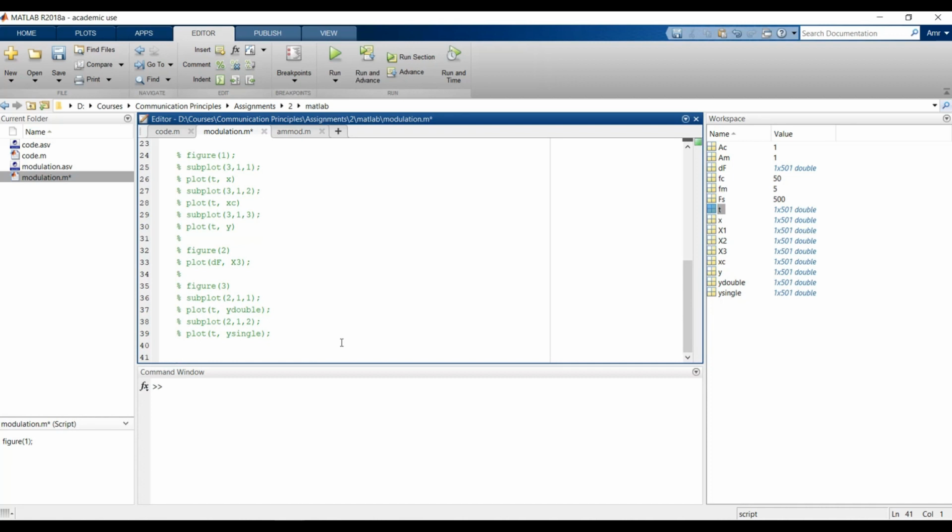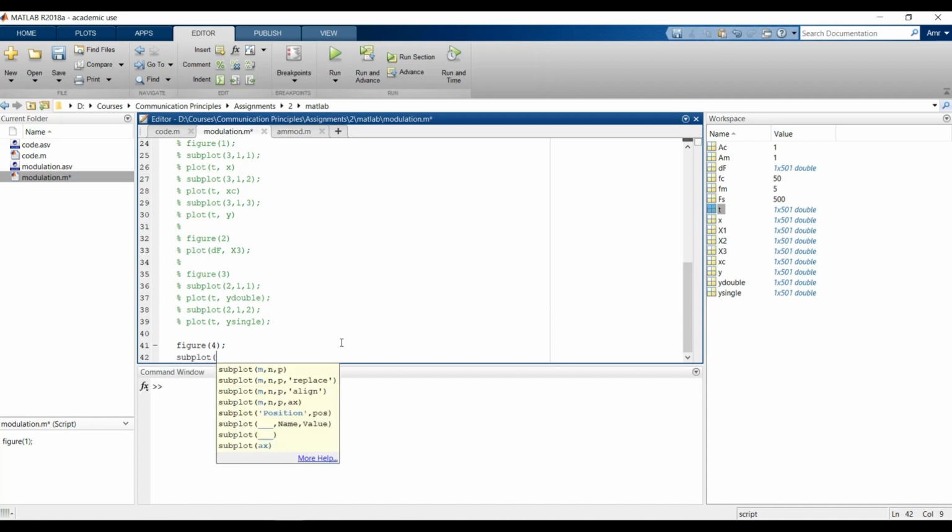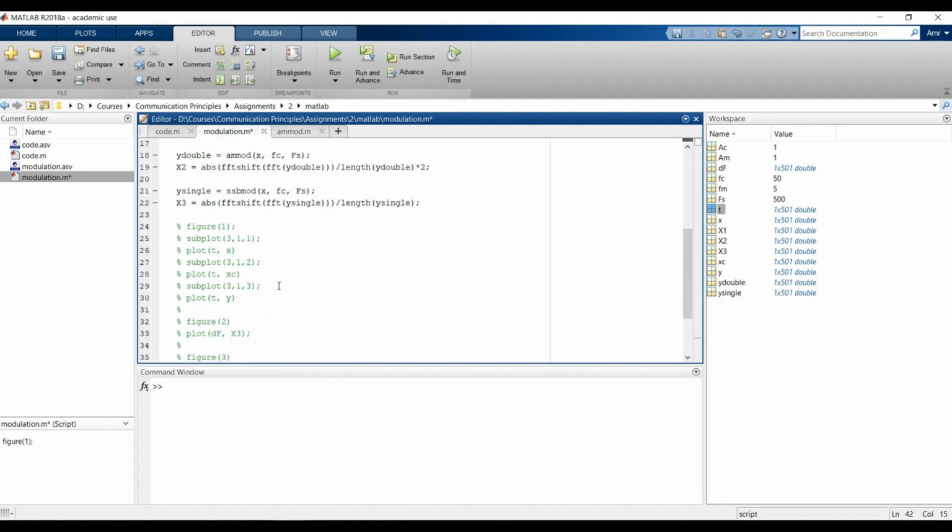In order to perform frequency modulation, we can plot our signal. Let's plot figure 4, and then let's subplot our signal as it is before.